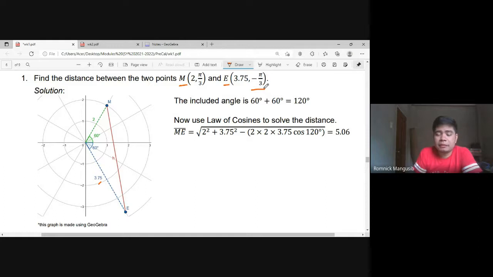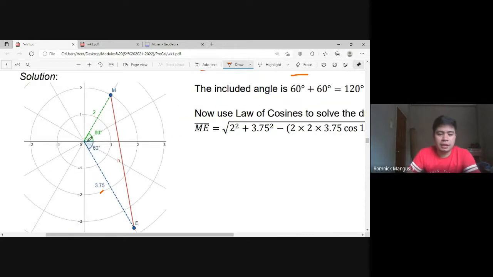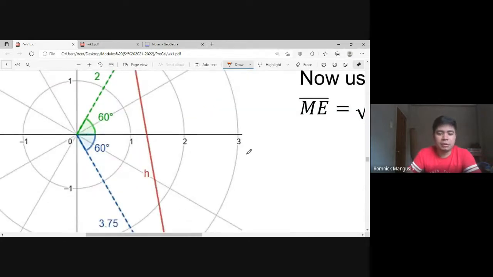This negative pi over 6 is negative 60 degrees. Pero in the illustration in blue ay naka-positive yan. Pero ang ginawa lang ng GeoGebra on this part is just to indicate to you that is 60 degrees. Pero when you are now referring to the movement, then that must be negative 60 degrees kasi that is clockwise.